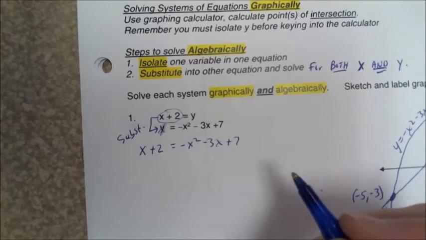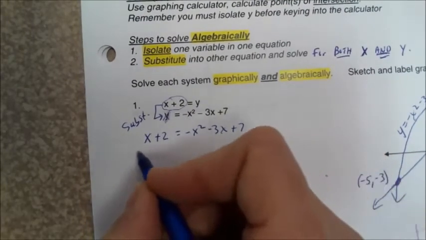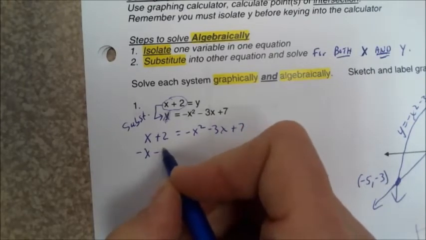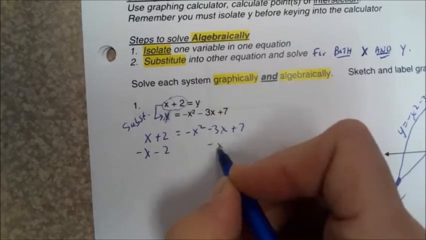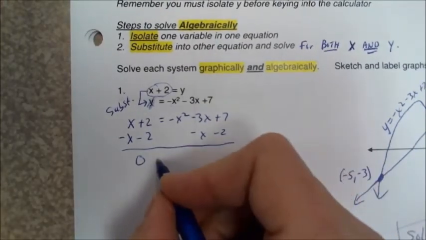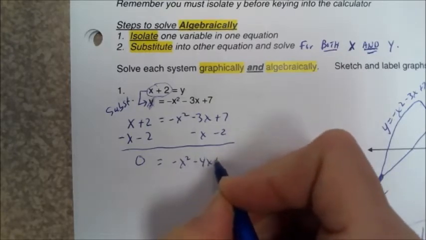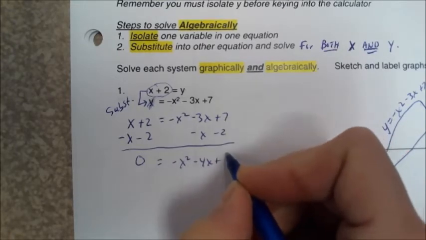Well, since this is a quadratic equation, you have to solve it by setting it equal to 0. So you have to subtract x and subtract 2 from each side. So you're going to get a 0 on this side, and is equal to -x squared minus 4x plus 7 minus 2 is 5.